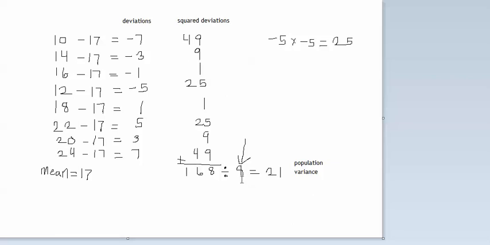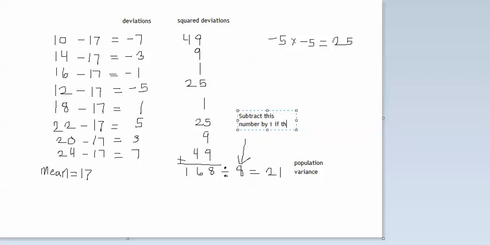We would actually adjust the formula and divide by 7. We would drop this number down by 1, and the answer would be called a sample variance.